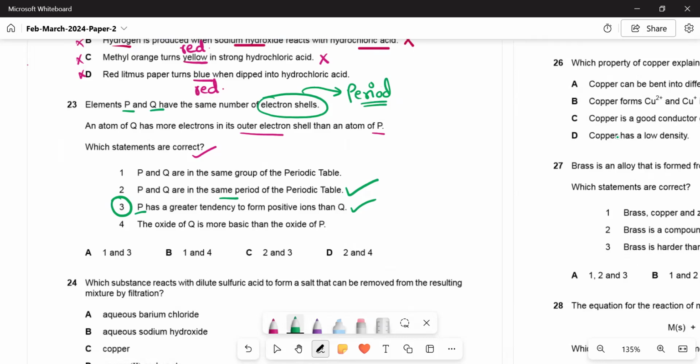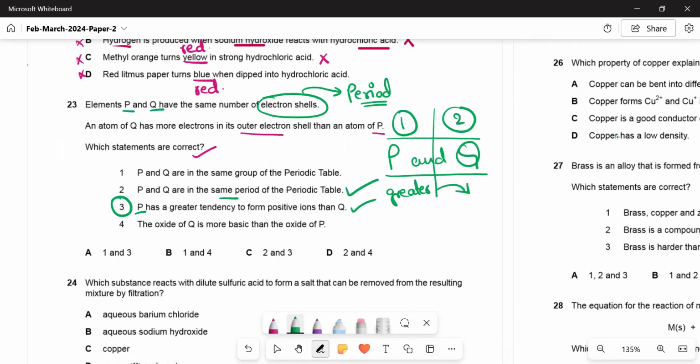First we have P and then we have Q. So if they're in the same period, then maybe P is in group 1 and Q is in group 2. Then the element in the first group has greater tendency to lose the electron than element Q in group 2.